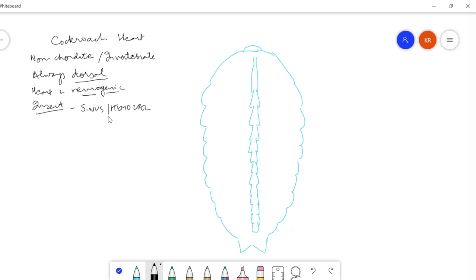Hemocoel is the space, or sinus is a space, the same thing. They have such spaces in them, and they are characterized by having an open circulatory system. So that is why we have to mention sinus and hemocoel.